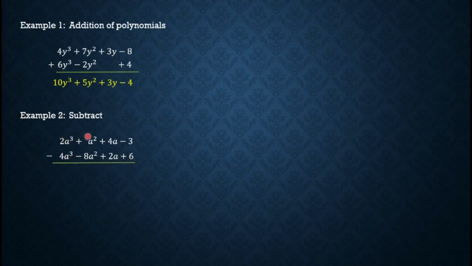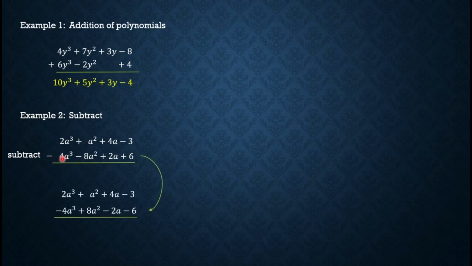Okay? The same exponent. You can add the terms if they have the same exponent. So, to subtract, first you change the sign of the subtrahend. Positive 4e cubed becomes negative 4e cubed.